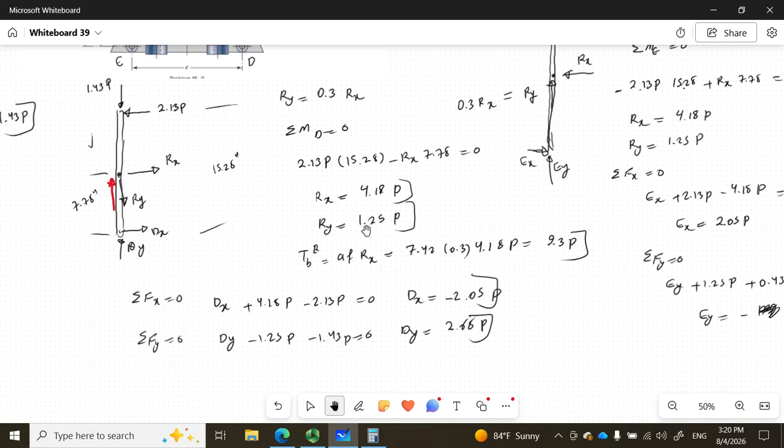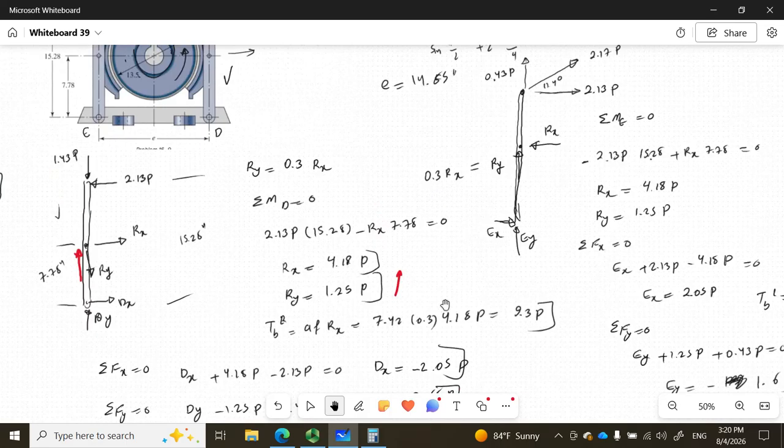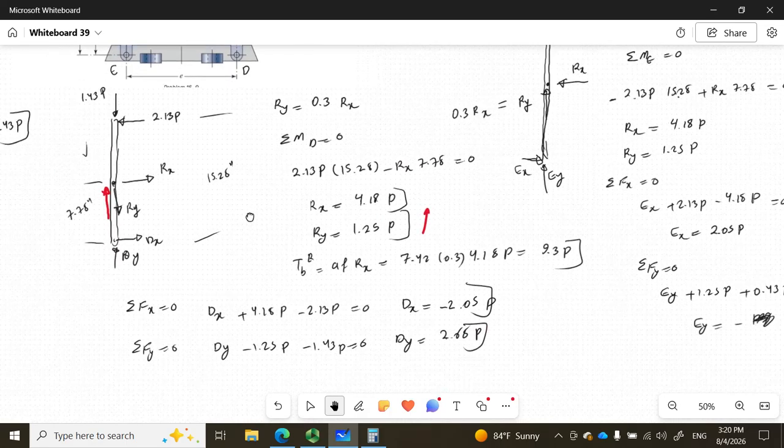Ry is going to be the same, but you see right now, it's going to go up. And the torque is not going to change because it's just a function of Rx. So the torque doesn't change for this one. And the forces, let me see what else it may change. Rx and Ry, the magnitude is the same, only the direction of Ry changed.